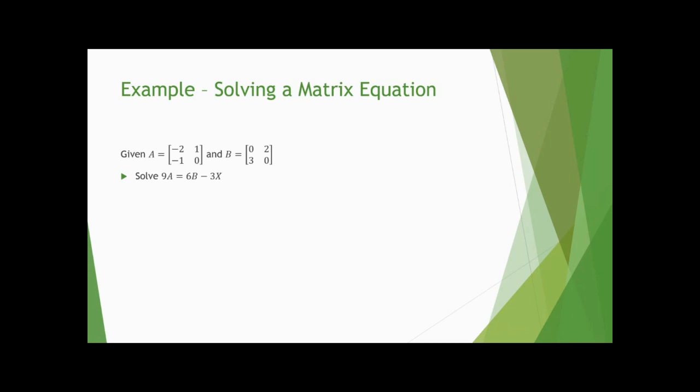When we use matrix notation, we can solve it just like we would solve anything else. I'm not going to replace A and B with the matrices yet. I'm going to literally solve this equation for X. The first thing is to subtract 6B from both sides. That gives me 9A minus 6B, and they're not like terms because the A and the B are different.